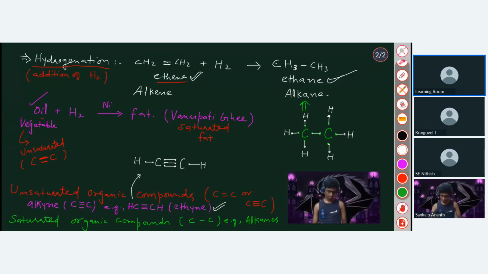You have to remember that if there is a carbon-carbon single bond in any organic compound, then it will be saturated. And if there is any carbon-carbon double or triple bond in any organic compound, then that will be unsaturated, right?